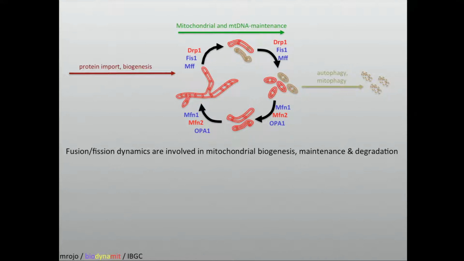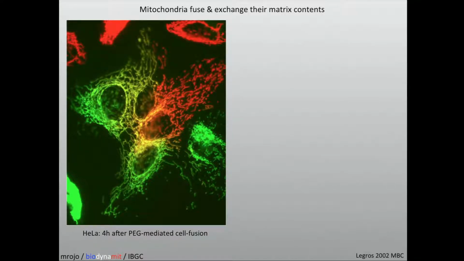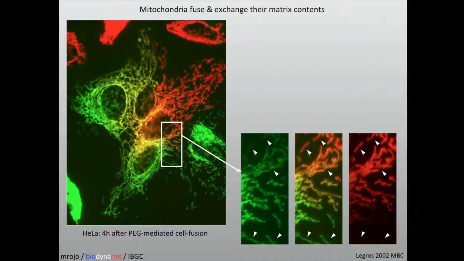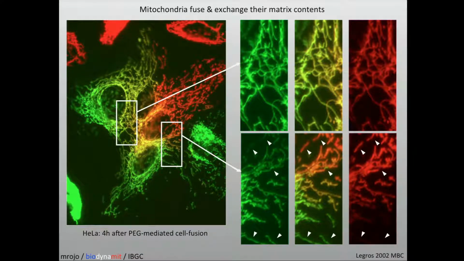So the main molecules have been identified, and this is not our work, it's the work of a lot of people. It's the mitofusins 1 and 2 and OPA1, which are fusion proteins, and the fission proteins, DRP1 and its adaptors. It's the shift between both reactions that determines the overall morphology, either elongated or fragmented.